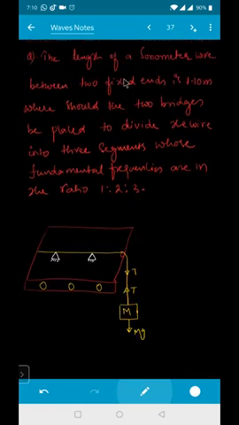Now read the question there, beta. The length of the sonometer wire between the two fixed ends is 1.10 meter. That means this is the length between these two. Where should the two bridges be placed to divide the wire into three segments whose fundamental frequencies are in the ratio of 1:2:3?